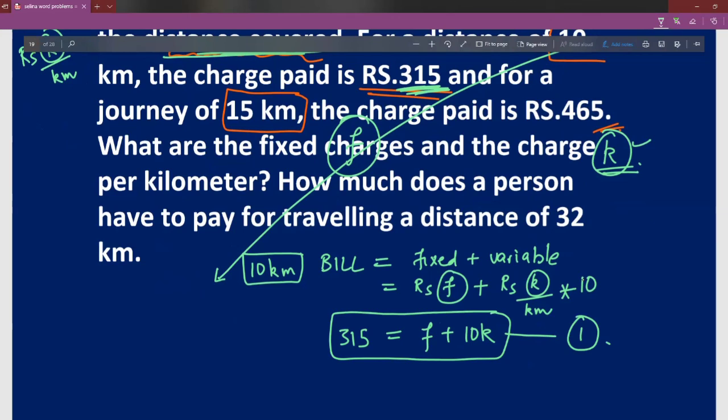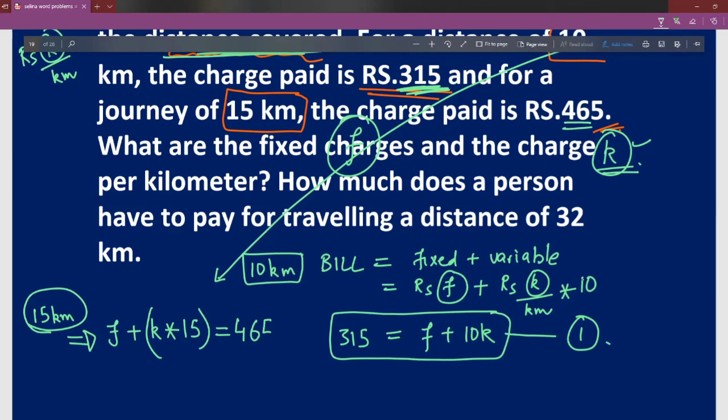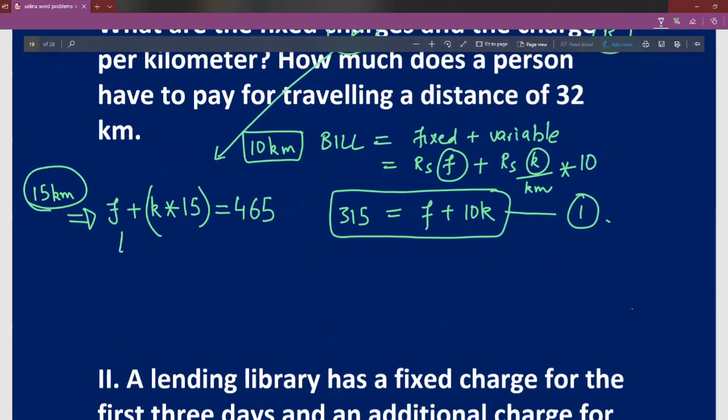Following the same logic for 15 kilometers, the fixed amount will remain F. There will be a variable amount which will depend upon the kilometer covered. Kilometer covered is 15. So this will be the total bill, and this will be equal to rupees 465. I hope the logic is getting clearer. This is equation number 2.